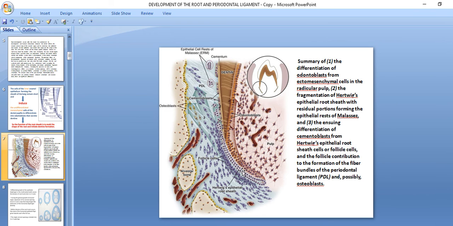And here you can see this two-layered Hertwig's epithelial root sheath. And during root development, growth of the epithelial root sheath occurs to enclose the dental papilla, except for an opening at the base, the apical foramen. Beneath the dental papilla, the epithelial sheath usually appears angled to form the root diaphragm.